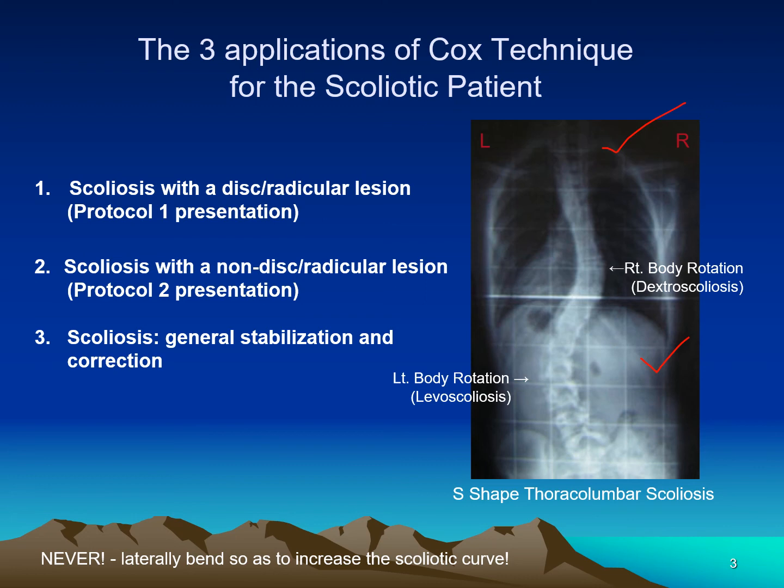We don't even have any case studies on the website, whereas for the Protocol 1 presentation and the Protocol 2 presentation, we do have clinical case studies showing effectiveness with those conditions.